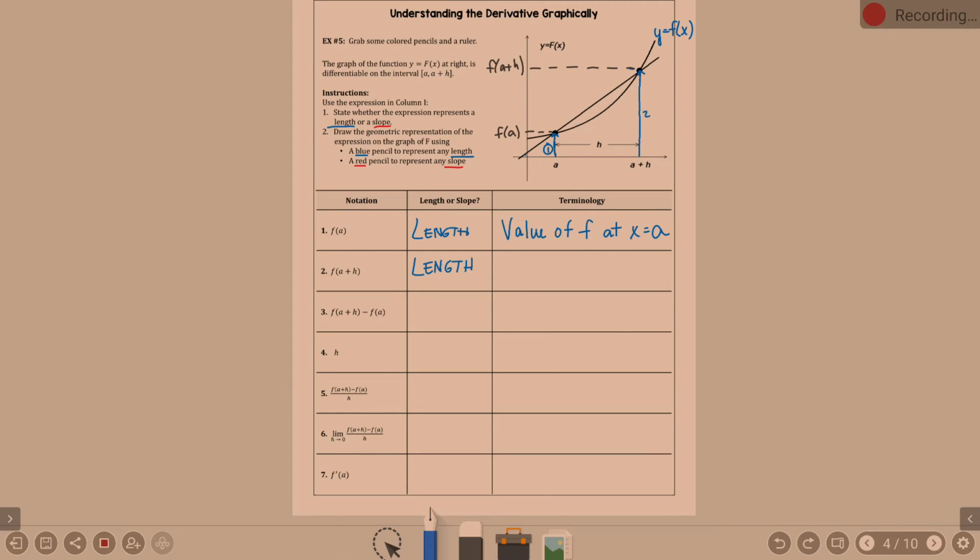I'm going to call that number 2 because that is part number 2. And this is, in terminology, the value of F at X equals A plus H.